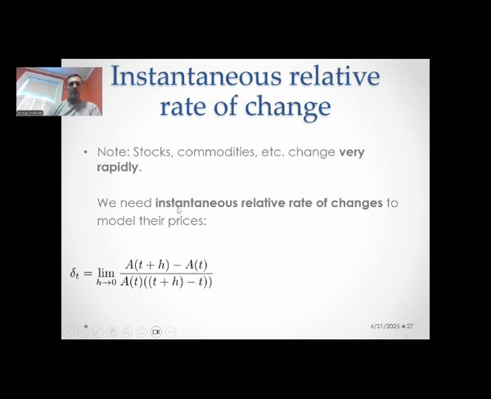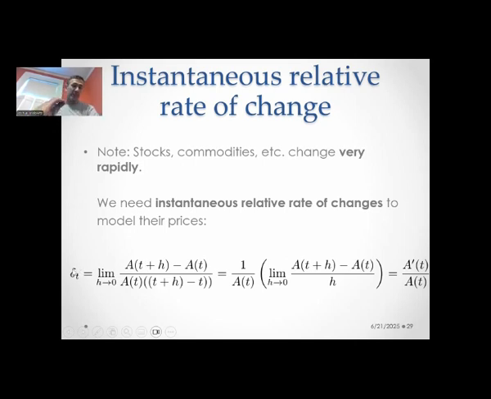This is the relative rate of change starting at t and ending at t plus h, and we're going to let h go to 0. And this gives us this very convenient formula, because this is just a derivative, A prime over A. And this is what's called the force of interest.